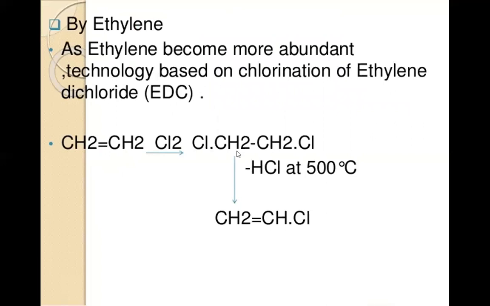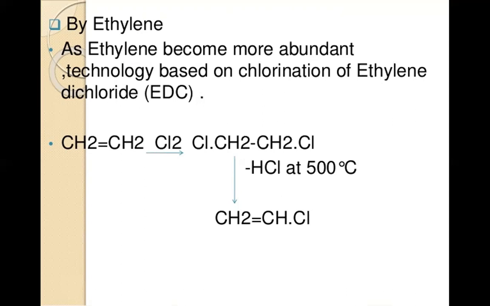It can also be prepared from ethylene, that is, a carbon-carbon double bond. Eth means two carbons, ene means double bond. In this preparation, ethylene is taken as the starting material and undergoes chlorination, which is an addition reaction in which chlorine is added to the starting material.